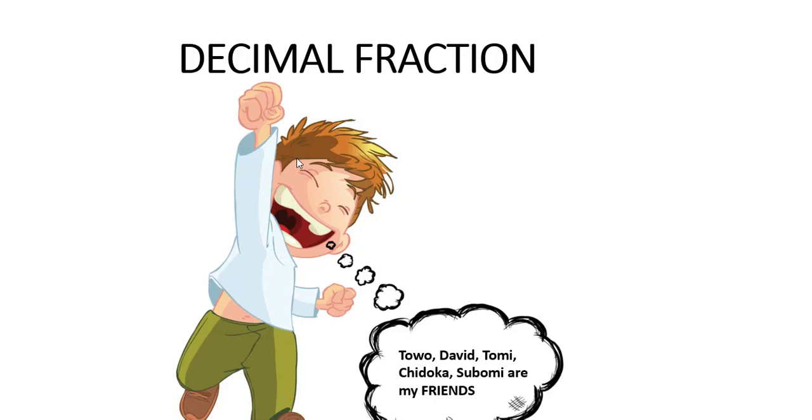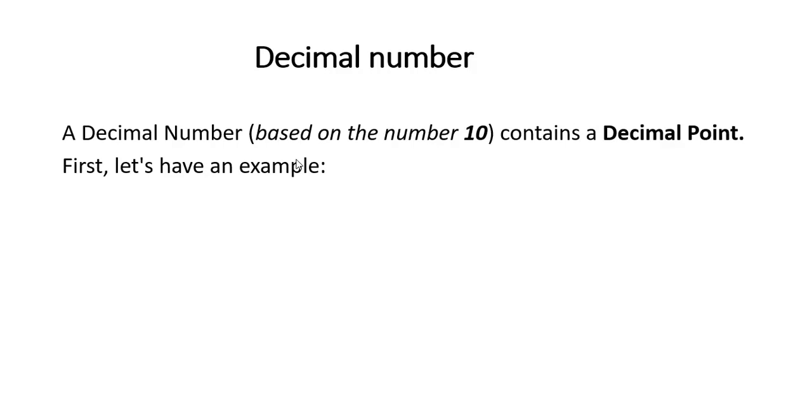So let me revise what I mentioned earlier. I introduced decimal numbers to you. I said decimal numbers are numbers that contain decimal points. I also gave an example, which is on your screen now.